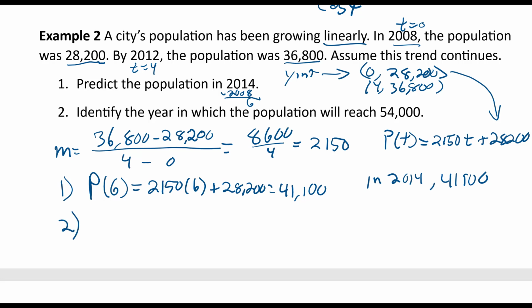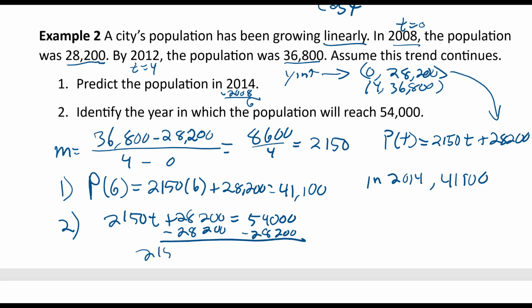Question 2 says identify the year which the population will reach 54,000. So we take our 2,150 times t plus the 28,200 and set it equal to 54,000. We can subtract 28,200. So 2,150t equals, if you can hear my calculator keys being pressed, 25,800.